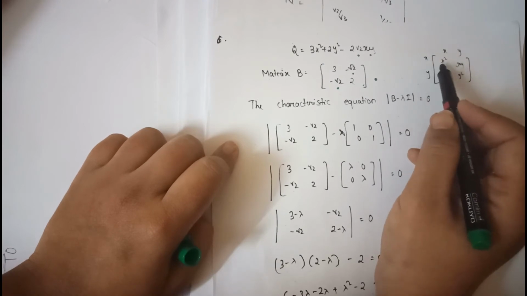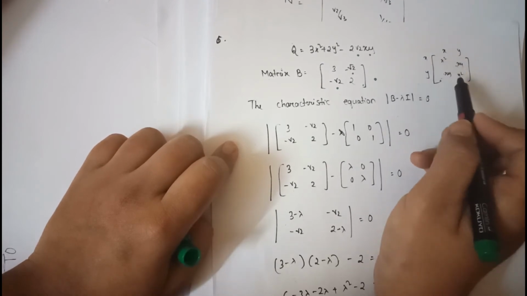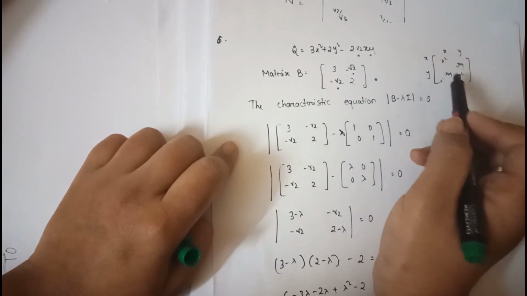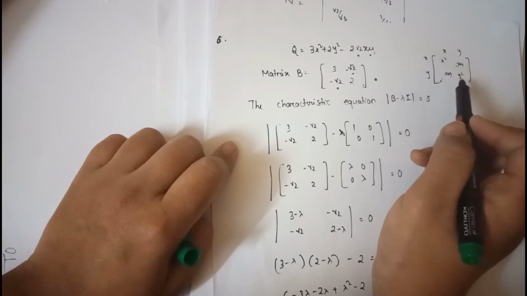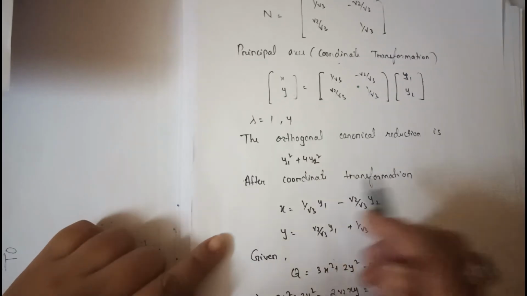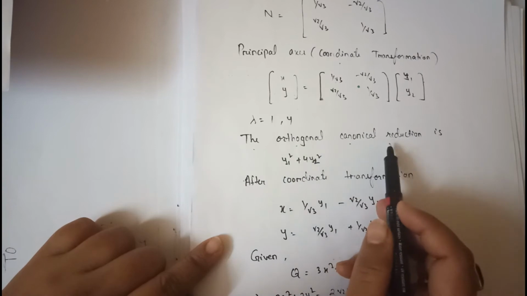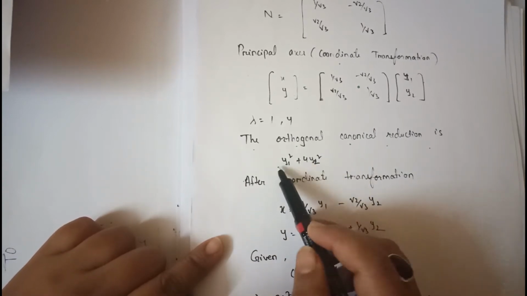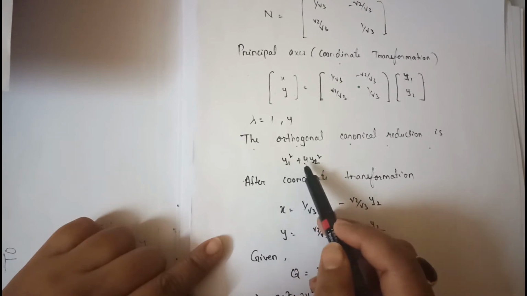This is x and x square, this is y and y square. This coefficient will remain the same, right? And what are x square and y square in canonical form? Remember, these are the eigenvalues. So look, the orthogonal canonical reduction is y1 square plus 4 y2 square. These are the eigenvalues 1 and 4.